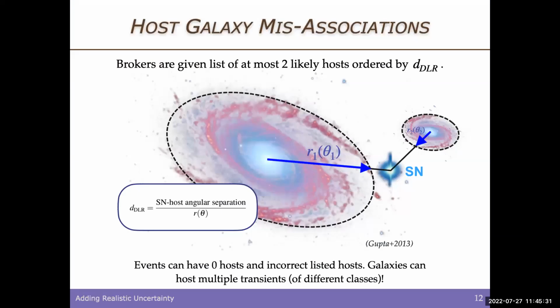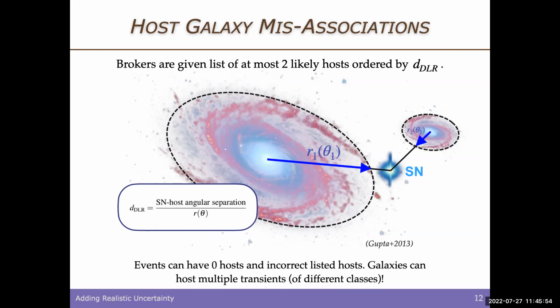Okay, so we've done all this work. We've encoded all of these host galaxy correlations into the pipeline, but of course, the observations that we get don't correspond directly to the underlying ground truth of what transients happened in what galaxies, right? So we see a transient, and we have to do some matching to figure out what galaxy we think it came from.